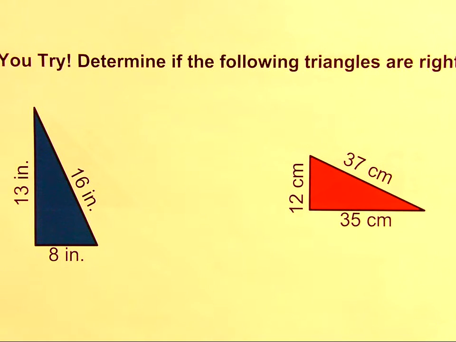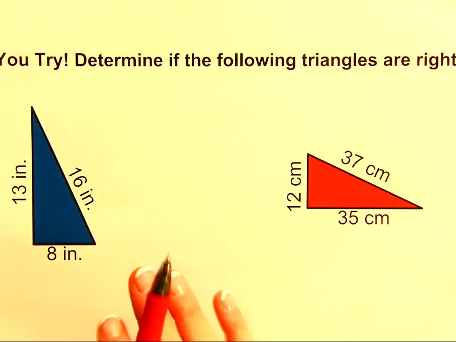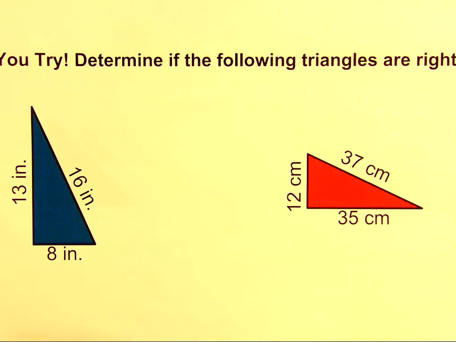Now I want you to answer whether these are right triangles or not. Pause the video and complete these two problems. Okay, remember when you're doing your notes, you should always be drawing these pictures in, so when you look back at your notes, you have those visuals.